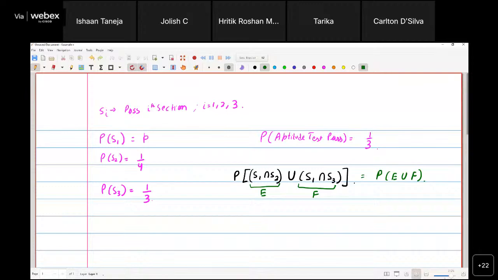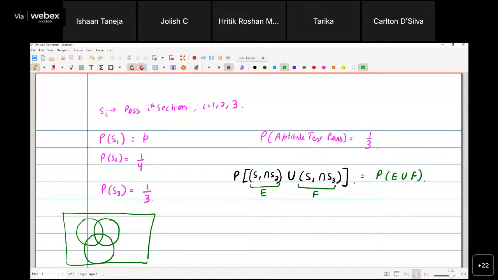So if you want to visualize, suppose this is your section 1. This is your section 2, and this is your section 3, right? So what would be your S1 intersection S2? It would be this part, right?